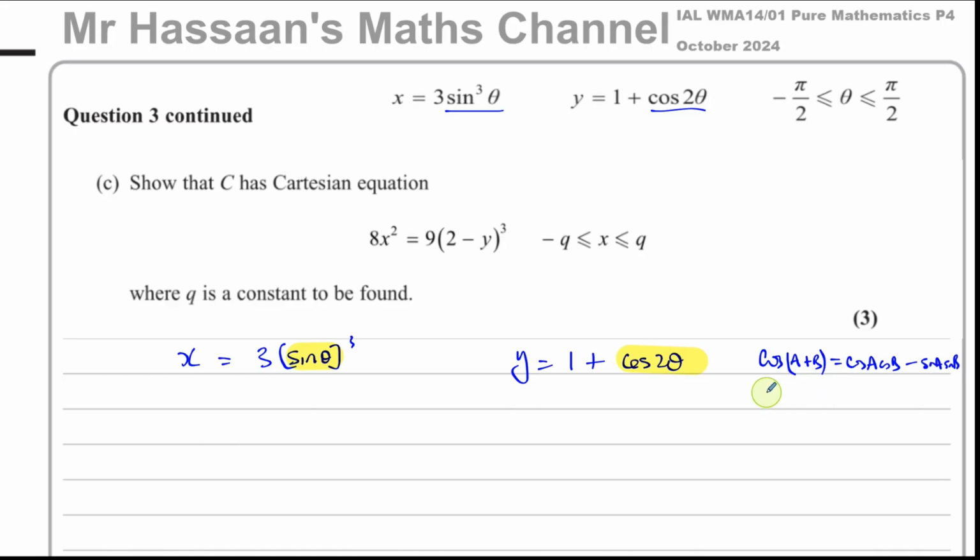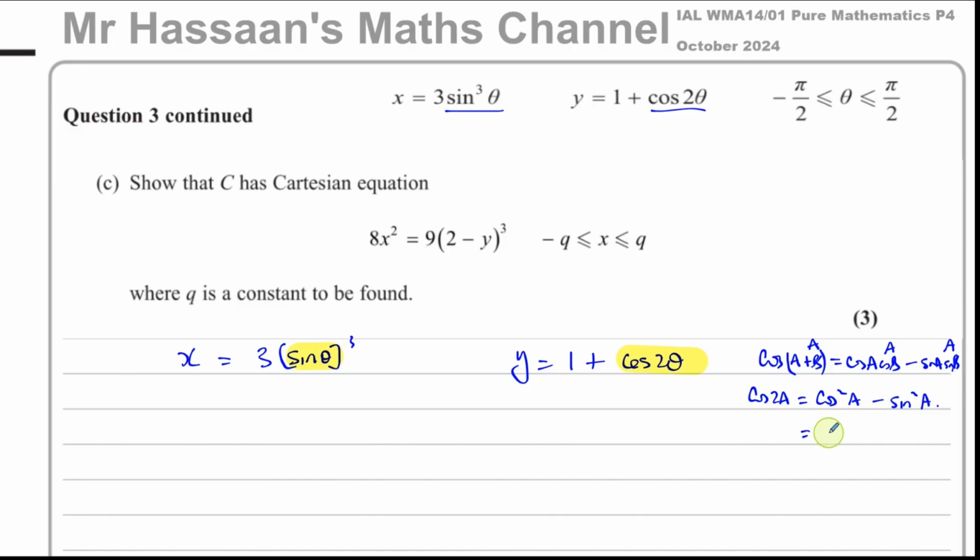So if I change this now to an A, and this will also be A, and this will also be A, I'll have cosine of 2A is equal to cosine squared of A minus sine squared of A. So that's the one double angle formula for cosine.